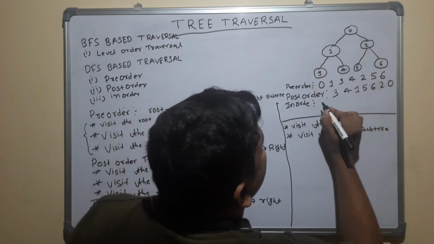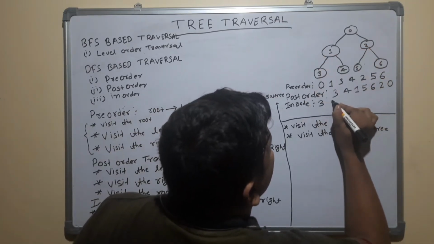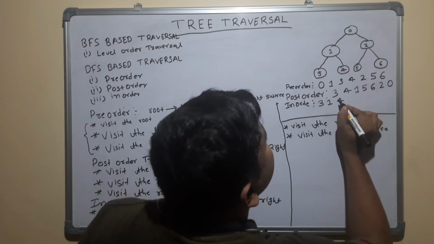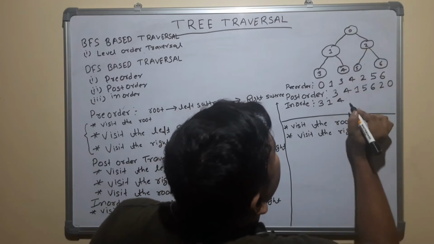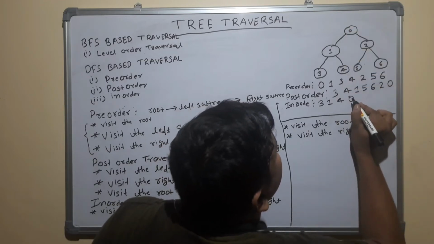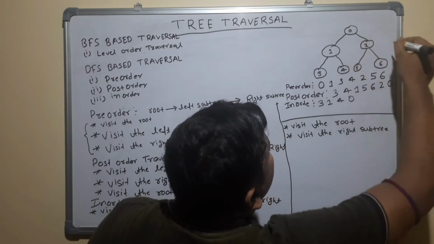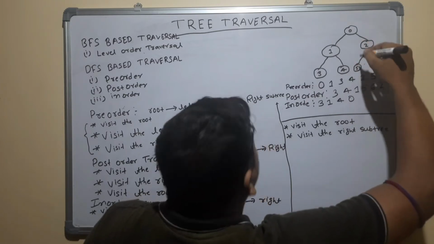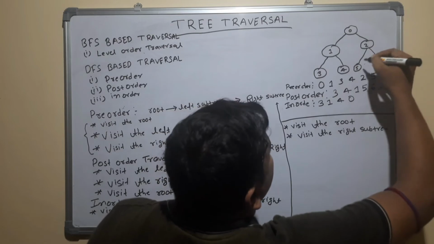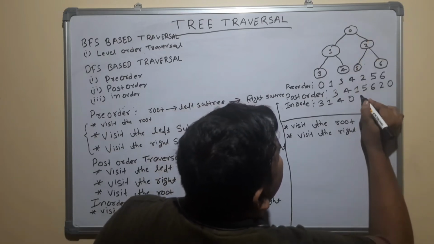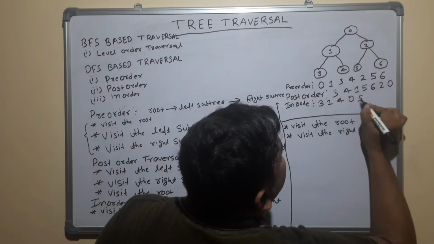So 3, 1, 4 means left, root, right. Then we will print the root node. Then we will print the right. For the right subtree we also need to follow the same thing, means we have to follow in-order traversal. So in in-order, what is happening? Left, root, right.